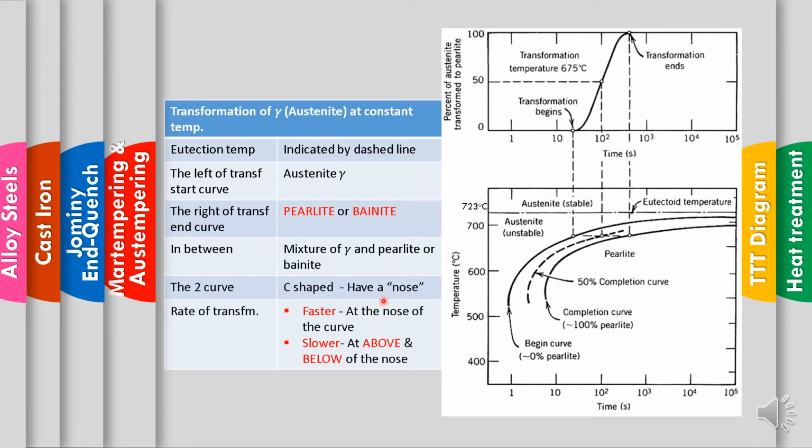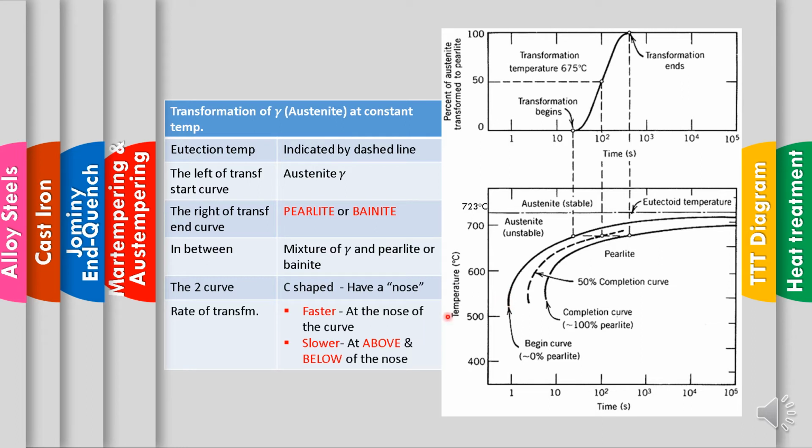So when we want to analyze, we have a faster rate of transformation and a slower rate of transformation. For the faster rate of transformation, which is at the nose of the curve, the transformation is very fast, whereby this cross intersection is 550 to 500, let's say 510, and the time is very fast here.